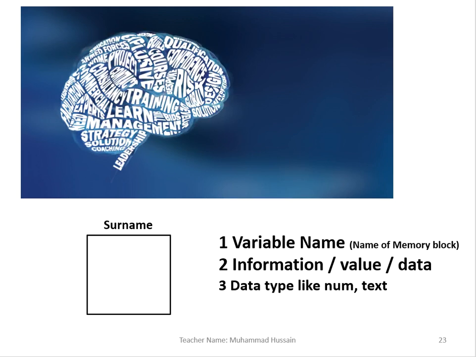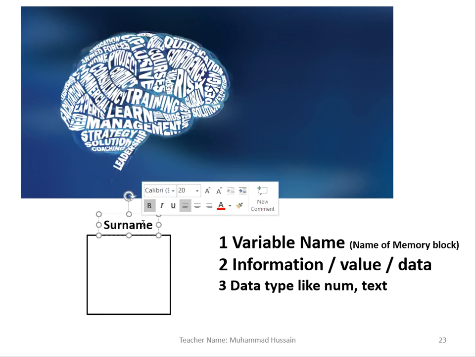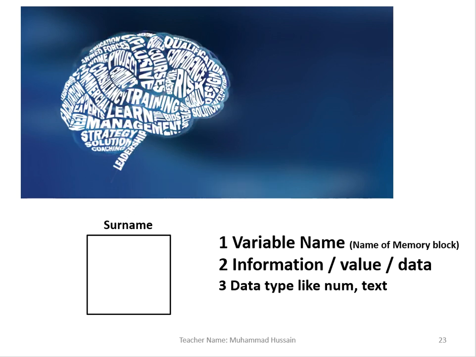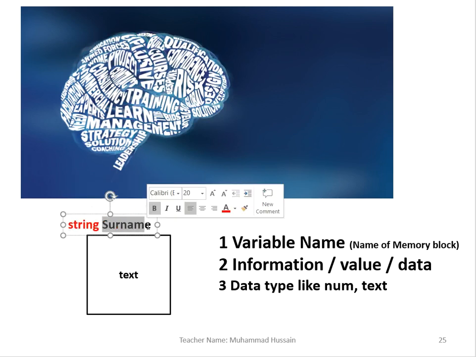So which type of data does surname contain? If I write here string, it means clearly that surname contains text data. If I write string and the variable name, it tells you that you must store text data.